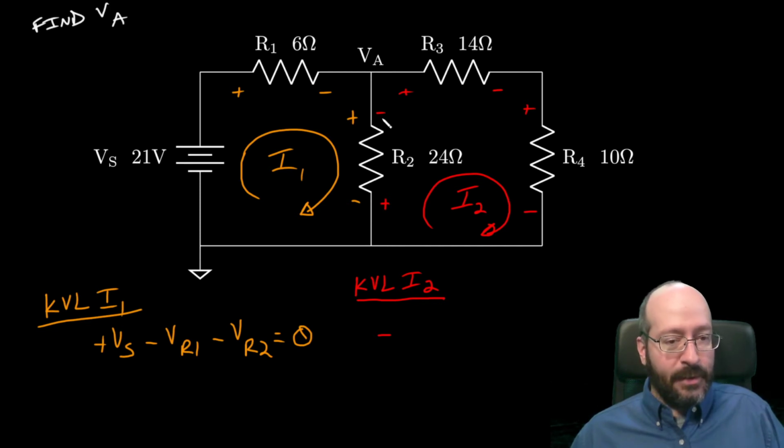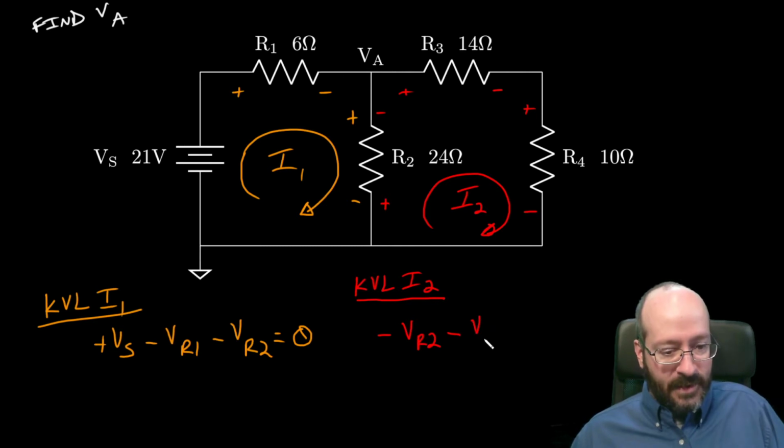I'm using the red polarities now. So I'm dropping across R2, so that's going to be VR2, and then I'm going to drop across R3, so that's VR3, and then I'm going to drop across R4, and I'm back to where I started, so that's equal to 0.